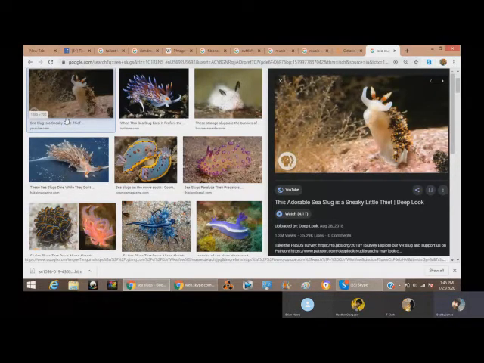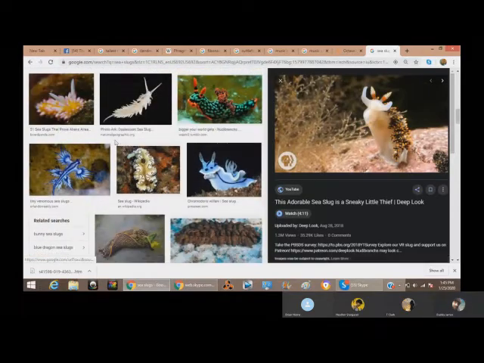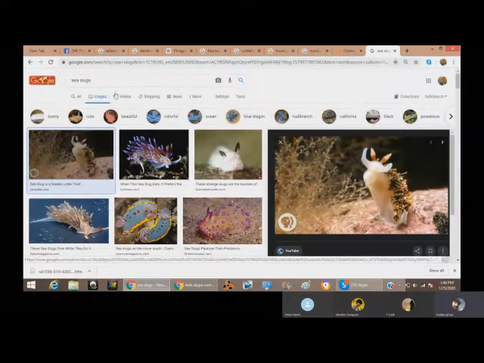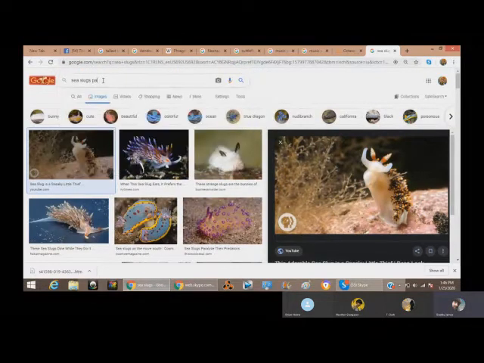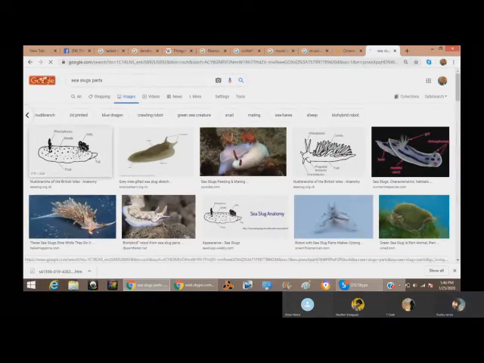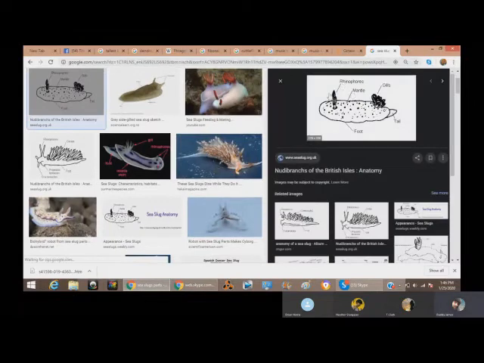Let's see if we can see the parts of a sea slug. Sea slug parts. And then, here, rhinophores. Yep, boom. So you have the rhinophores, the mantle, the gills.